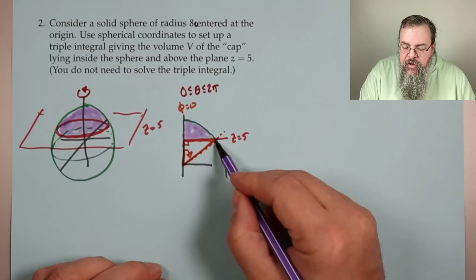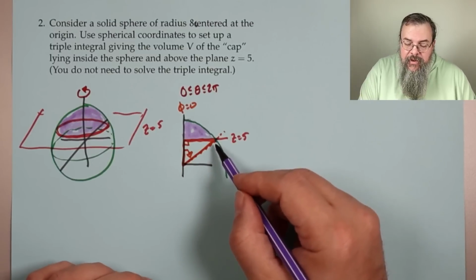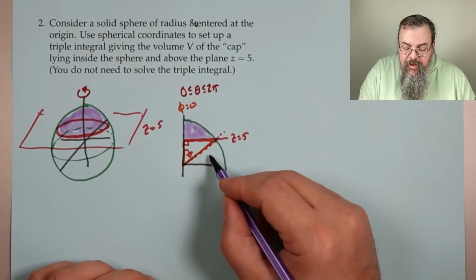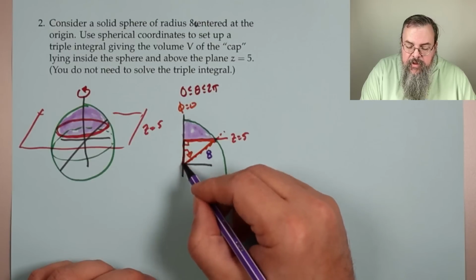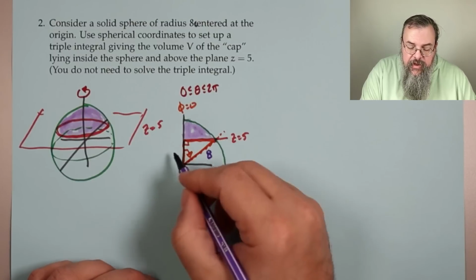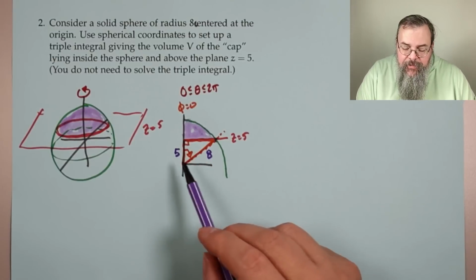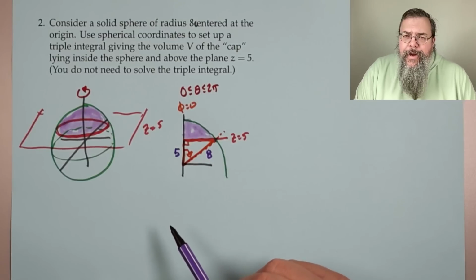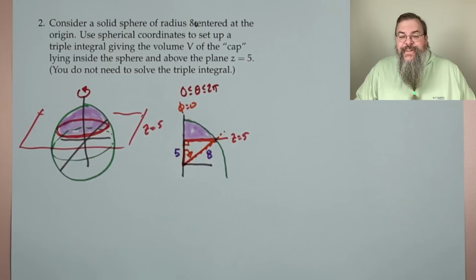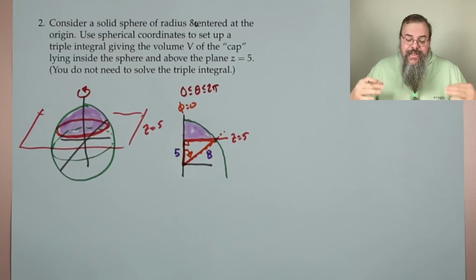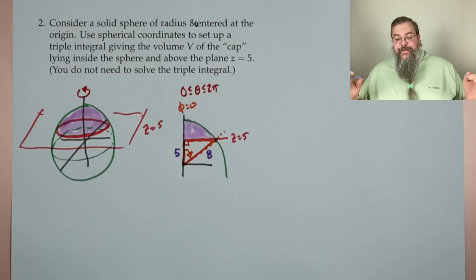The hypotenuse is from the origin out to the sphere, so that's the radius, 8. This side is up to the plane z equals 5. So it's a triangle with 5 and 8. You might say, I don't remember triangles with 5 and 8. Well, not every triangle has beautiful numbers. That's okay. It's still a perfectly fine triangle.